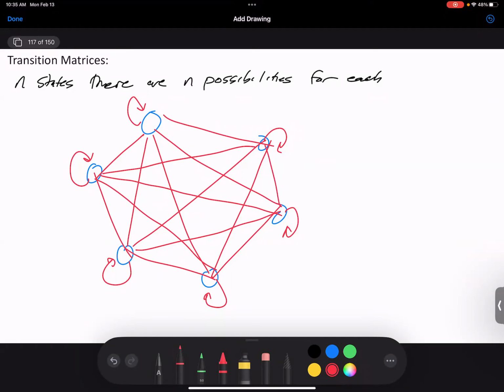Sorry. And I've got to be careful because for each one of these, I actually have to give it to you in both directions. Because going from state 3 to state 5 might be a different probability than going from state 5 to state 3. So how many different transition probabilities are there?